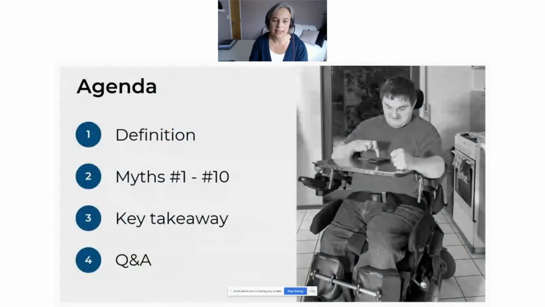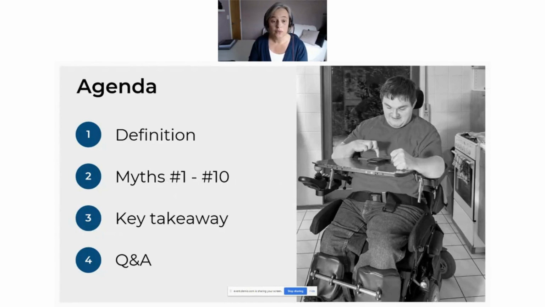So what we're going to do first of all is have a look at the agenda of what we're going to cover in the session. We're going to start by having a look at what we actually mean by accessibility to make sure that we're all on the same page. I think that accessibility can have lots of different meanings in an e-learning context, so I always make sure that everyone understands what we mean by accessibility before we start. And next, I'll go through the 10 most common myths about e-learning accessibility.